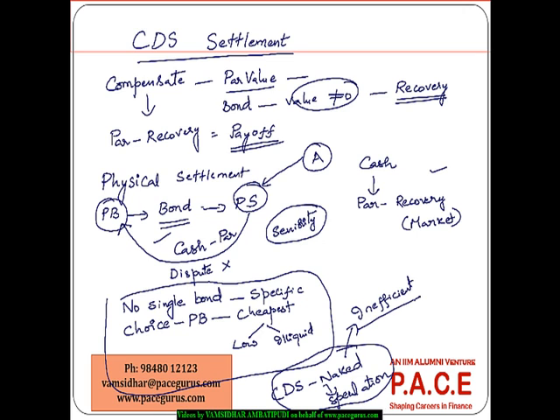So it can very well happen that the CDS protection will be only against the credit exposure, to hedge the counterparty risk. Now on the other side, if I look at the credit exposure, today's credit exposure I am very clear of. But what about the future? What about the future credit exposure if I am talking about a derivative transaction?